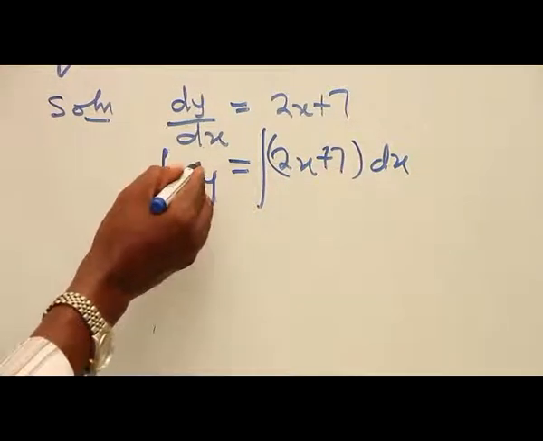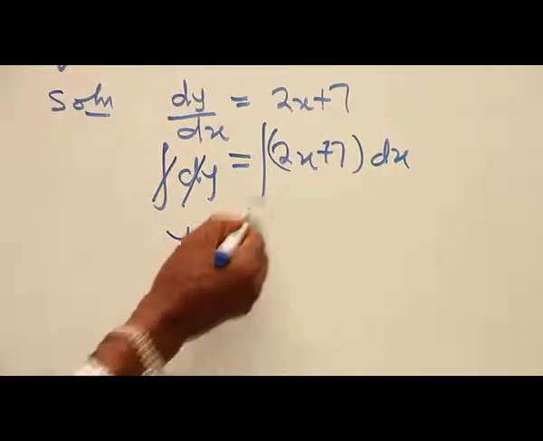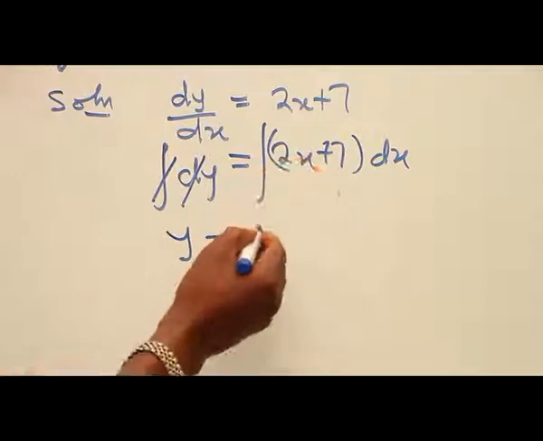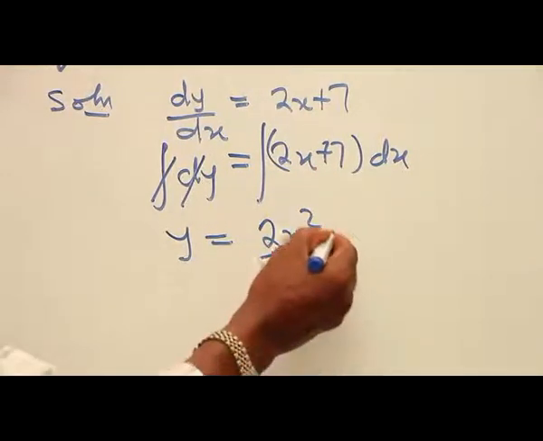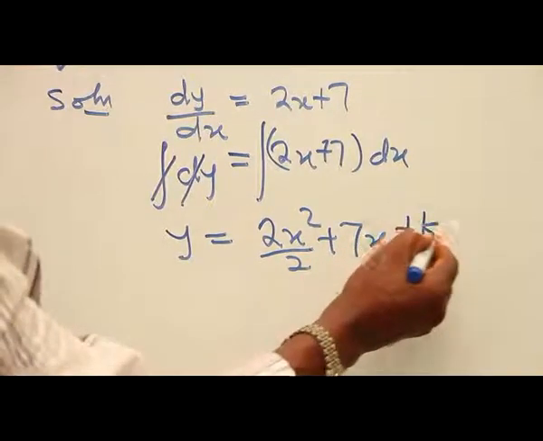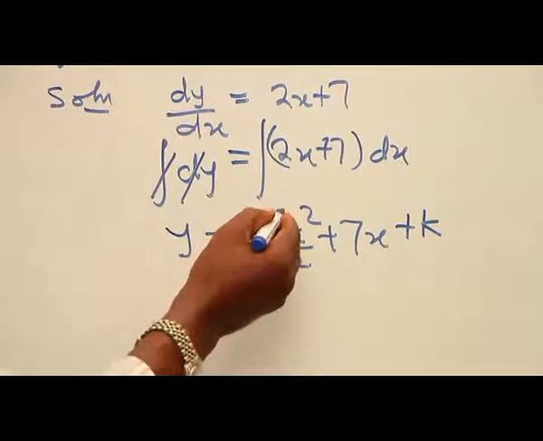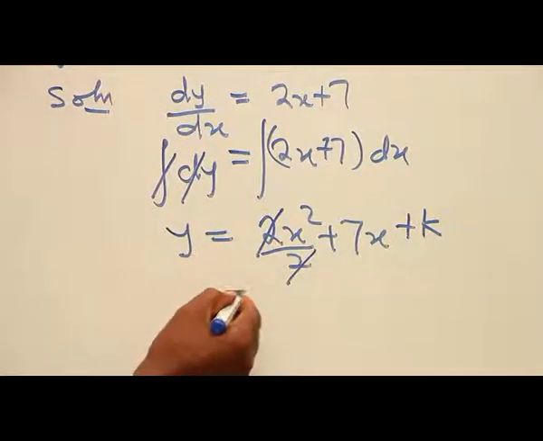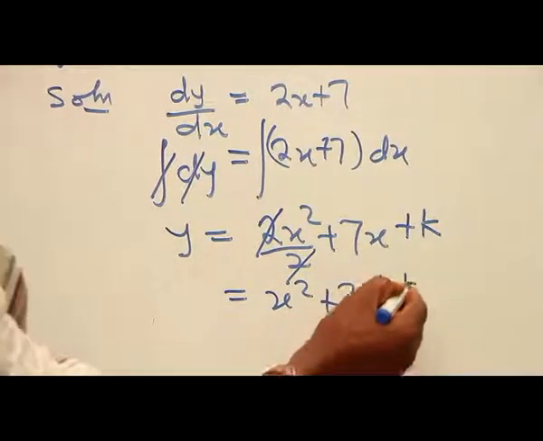So in other words, this and this will cancel, leaving you with y equal to 2x squared all over 2 plus 7x, and then plus the constant of integration. And of course, this 2 will cancel this 2 again, leaving us with x squared plus 7x plus k.